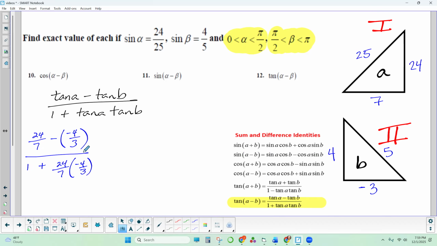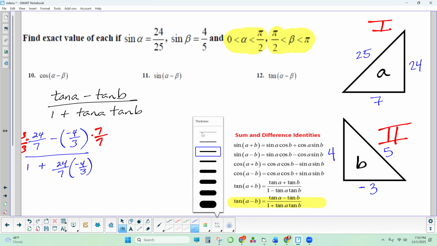So what I've got here is a complex fraction. So what I need to do is combine the top, combine the bottom, and then divide. So first we've got to get a common denominator up top. So I would multiply this side by 7 and this side by 3.